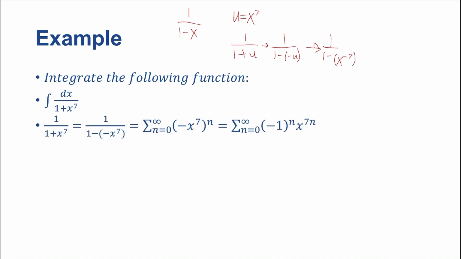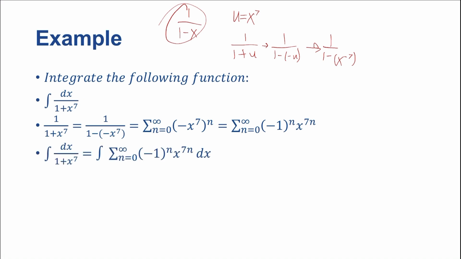I did this in a more speedy way, but we get the same thing. So I can put this into the most general term for the series that we have for 1 over 1 minus x, as we found it a couple videos ago. We get the sum from n equals 0 to infinity of negative x to the 7th, to the nth power. So we can rewrite that as an alternating series. Of course, this makes things a lot easier when we perform an integral.